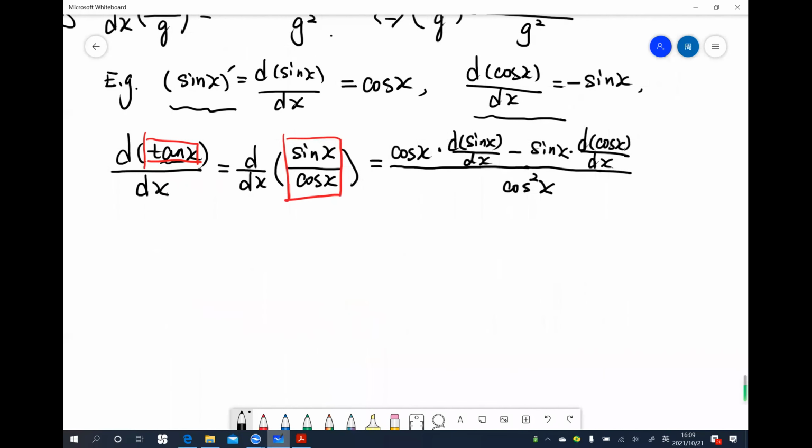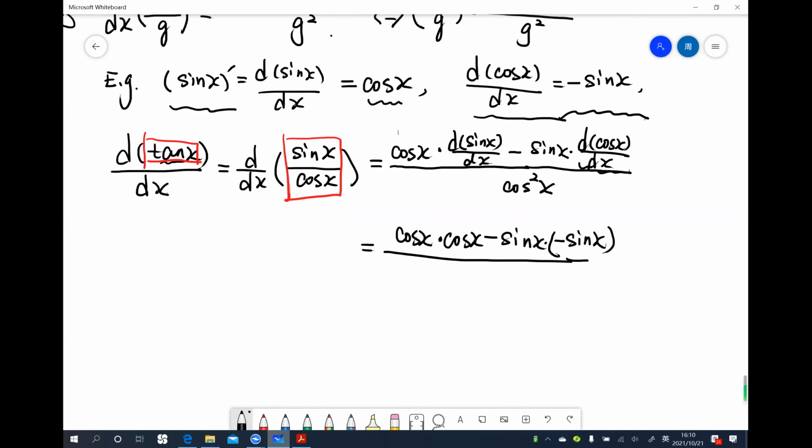And we will calculate: cosine x times d sine x by dx equals cosine x, and minus sine x times d cosine x by dx equals minus sine x, and then over cosine x squared.